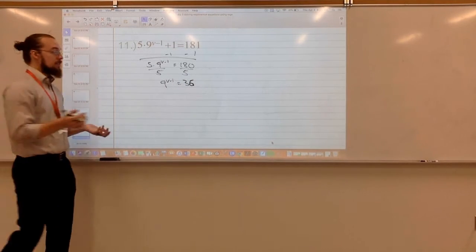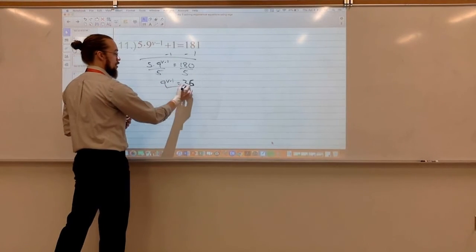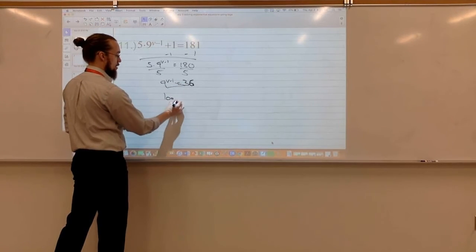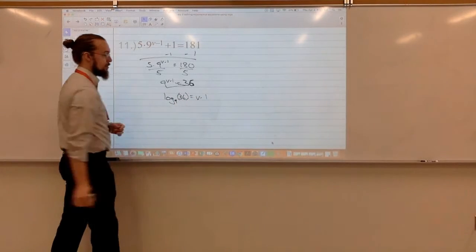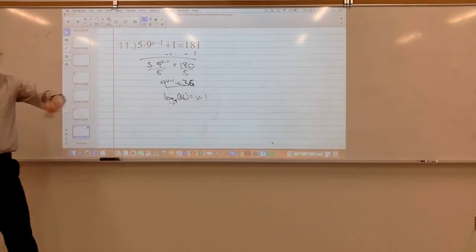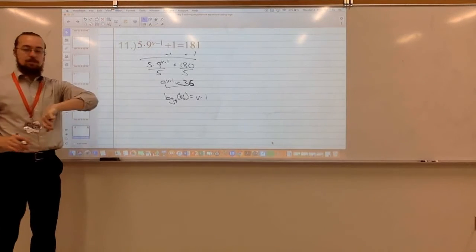Now we can take the log. So log base 9 of 36 equals b minus 1. What's log base 9 of 36?